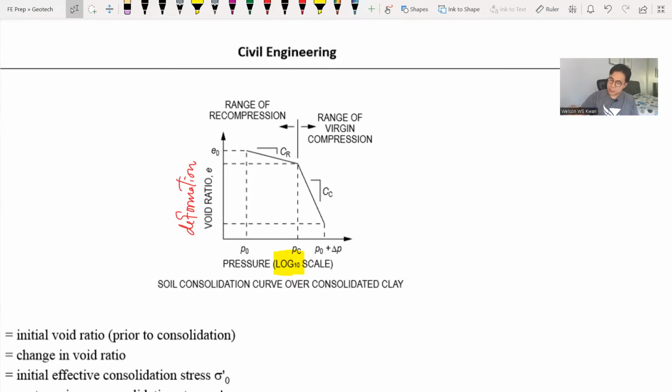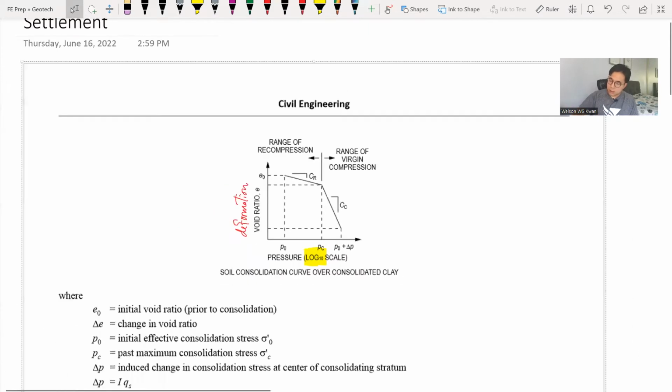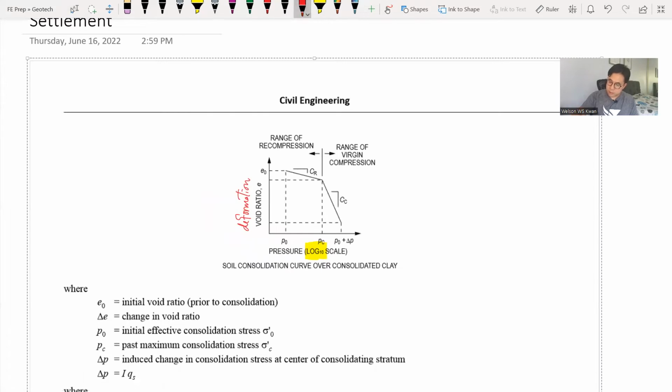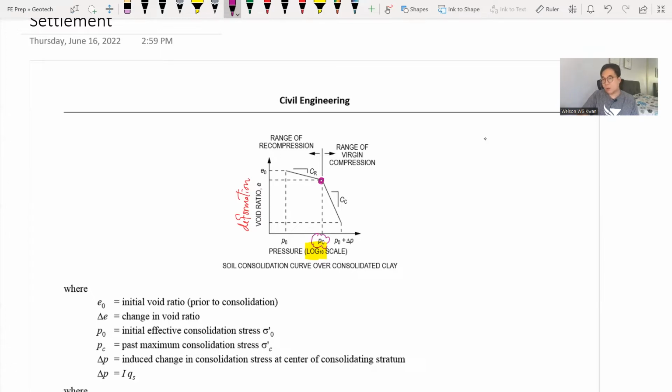And realize there's an important breaking point here, which is the p'c, corresponding to this point. The stress level or pressure to the left or to the right of this threshold gives you two different slopes, or two different ranges, as you can see on the menu.